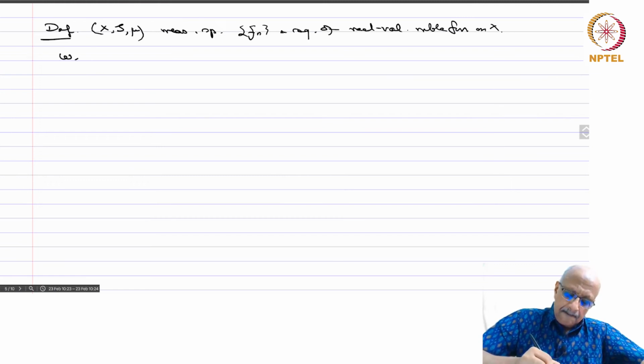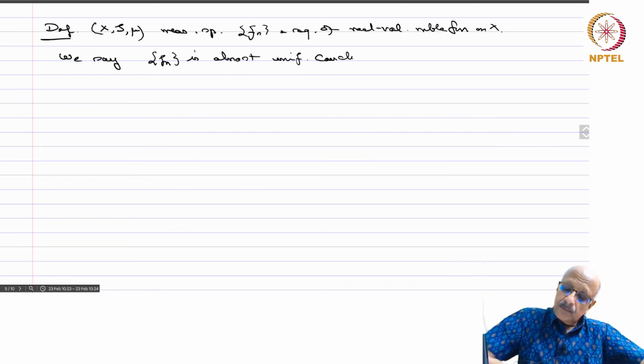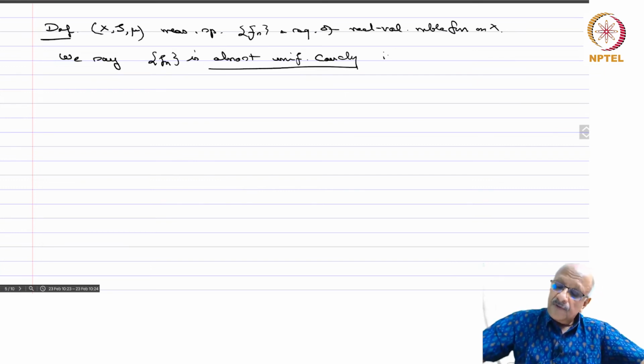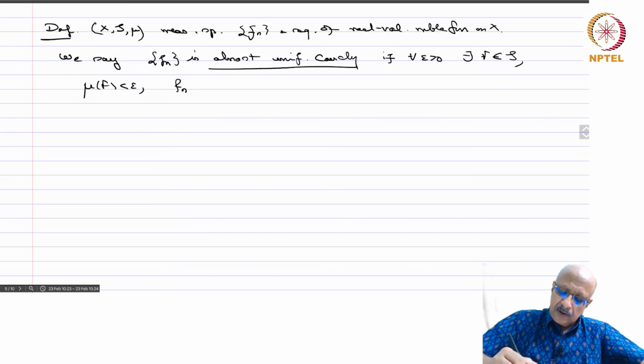So we say fn is almost uniformly Cauchy if for every epsilon positive there exists an F in S, mu of F less than epsilon, and fn is uniformly Cauchy on F complement.